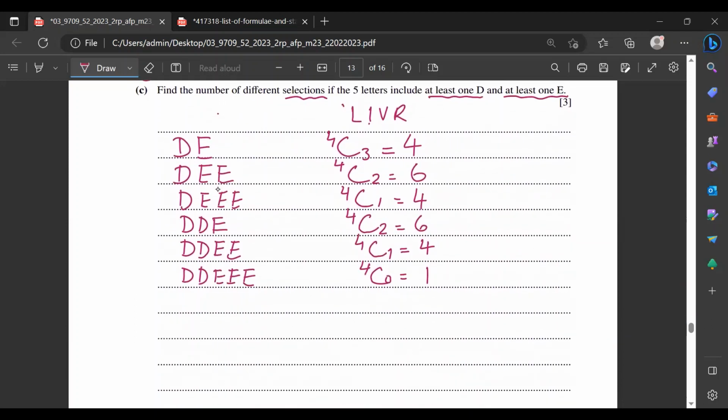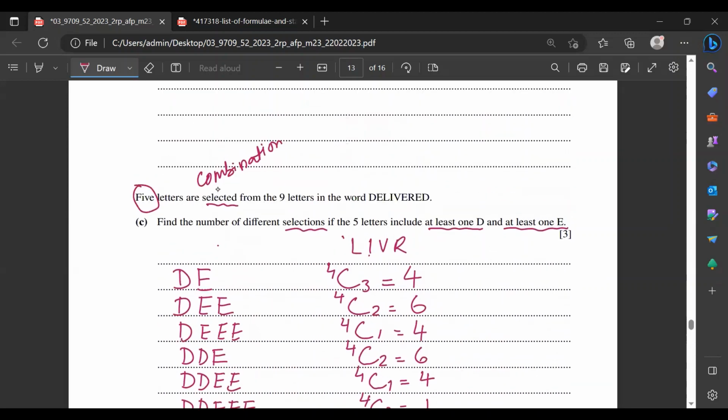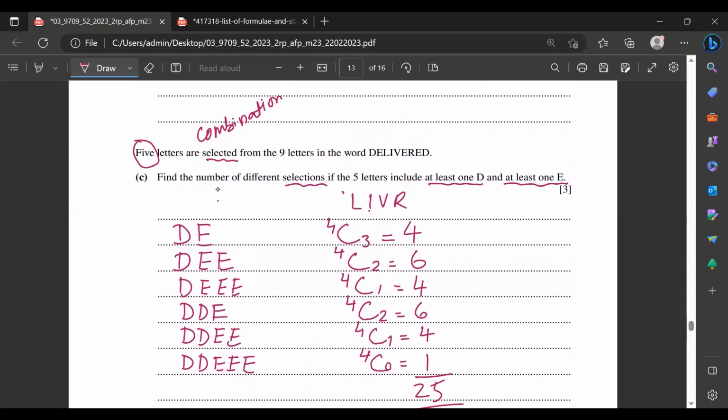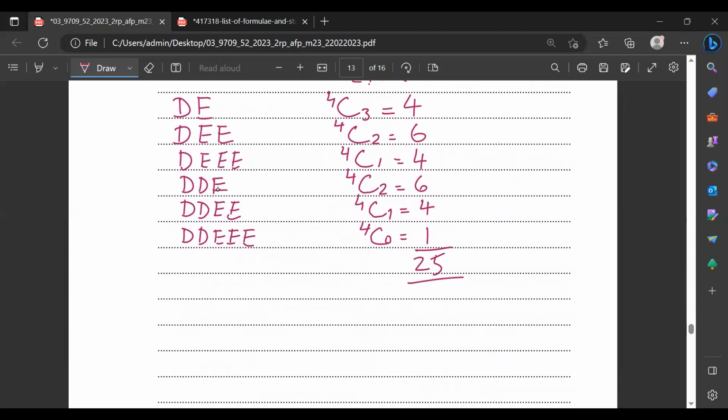Then out of the remaining 4, sometimes we need 3, sometimes 2, sometimes 1, because it depends upon how many things we have already selected. So the answer is 4 plus 6 plus 4 plus 6 plus 4 plus 1, which is 25. The required number of different selections is 25. Thank you very much.